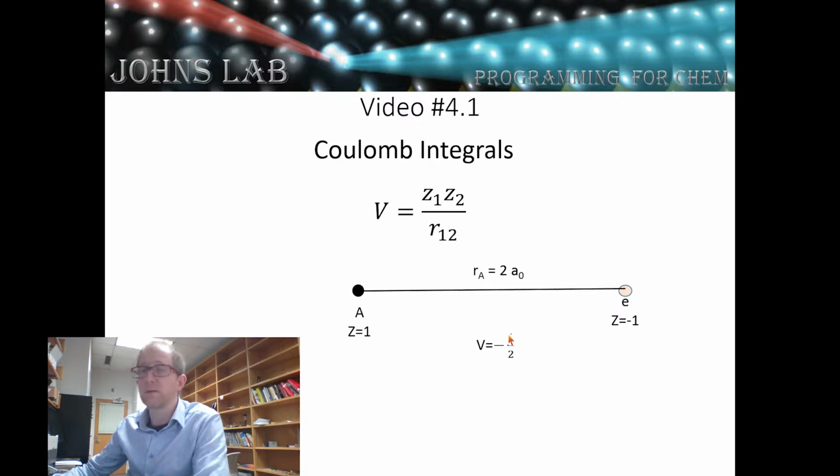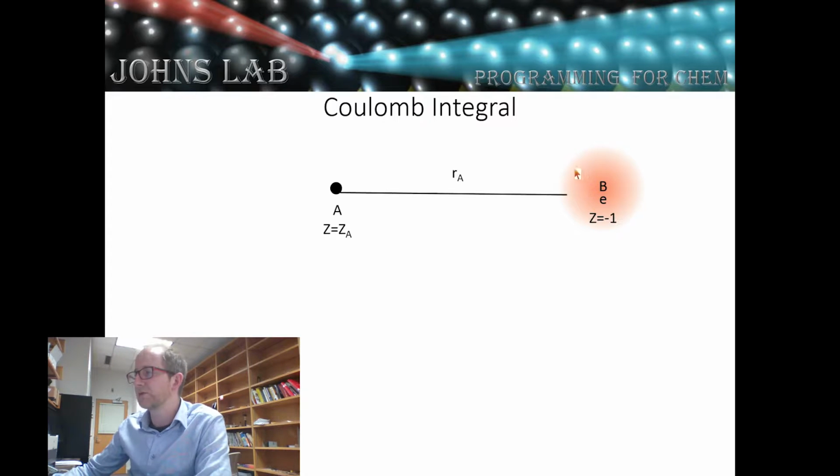Of course, quantum mechanically, we know that our electron isn't a point particle. We're placing it in some delocalized orbital. And so to evaluate the Coulomb operator for an electron in a delocalized orbital, we need to take a volume element of that orbital and integrate over all volume elements divided by their distance from the nucleus that they're attracted to.